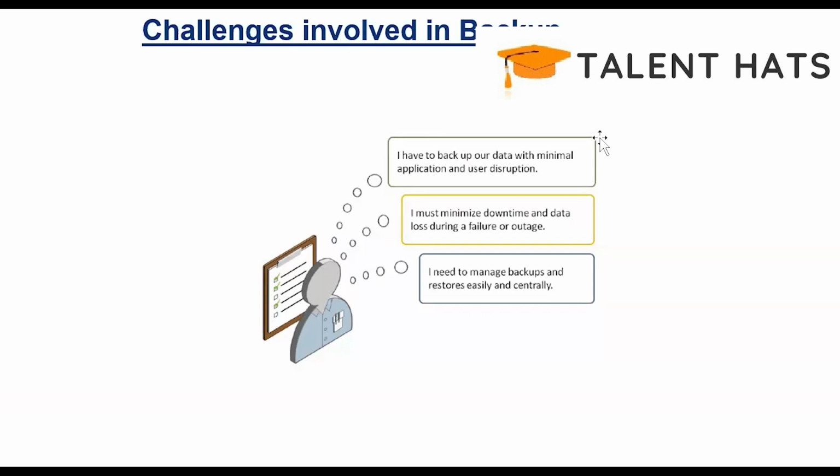Once again, I need to manage backups and restores easily and centrally. This is one of the key points where backup administration takes place. Suppose you have around 200 or 300 clients and you schedule all of them at 6 o'clock in the evening. What happens when all 200, 300 jobs start at 6 o'clock?